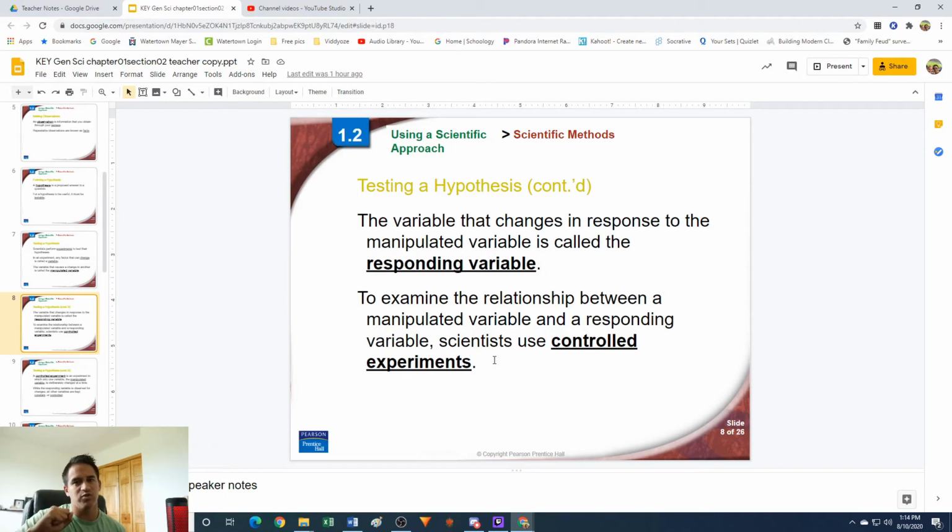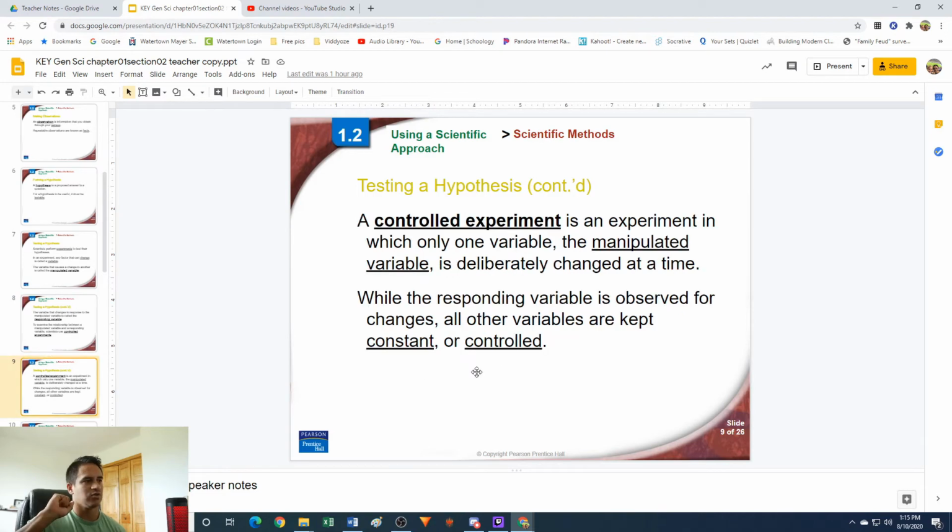So it's very important that when we do experiments, we do controlled experiments, where everything stays the same, you only change one aspect, and then you measure to see if that variable caused any kind of difference. So while the responding variable is what we measure, the manipulated variable is what we're changing, a controlled variable is something that we don't change, okay? It stays the same the whole time.